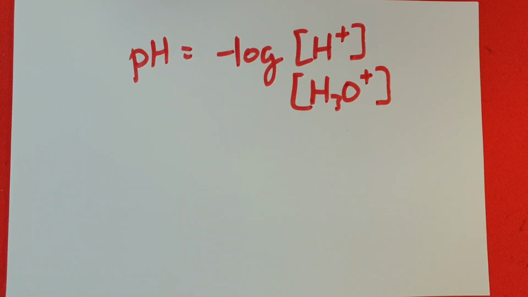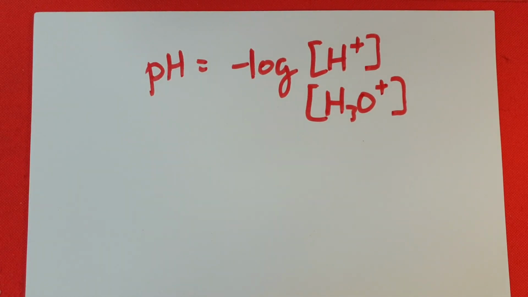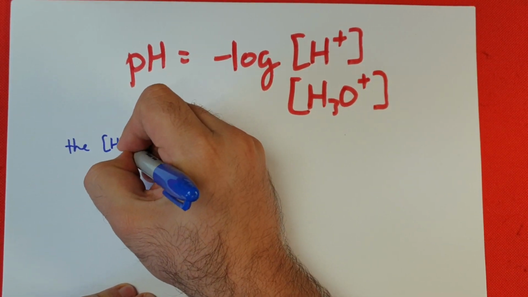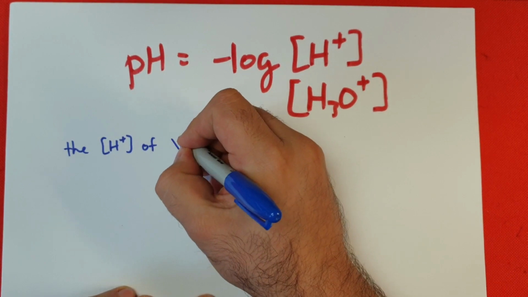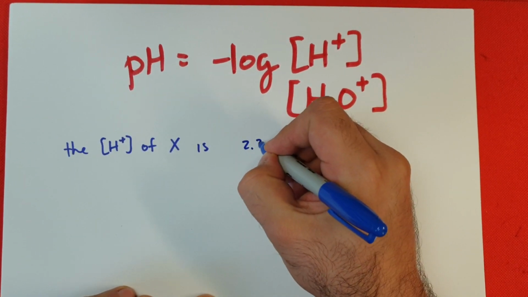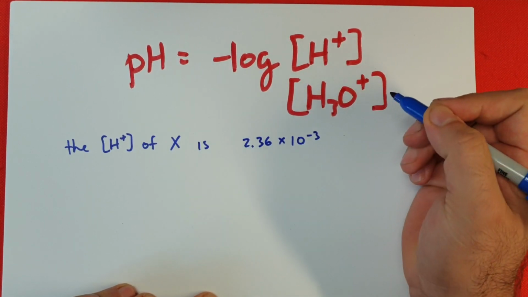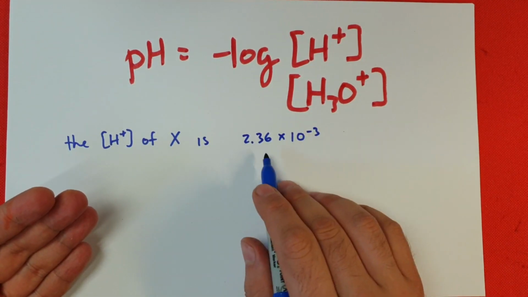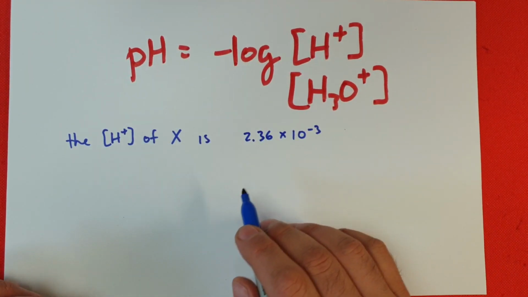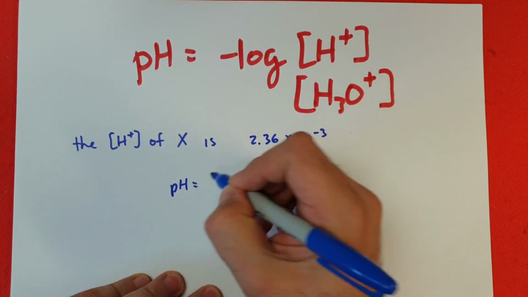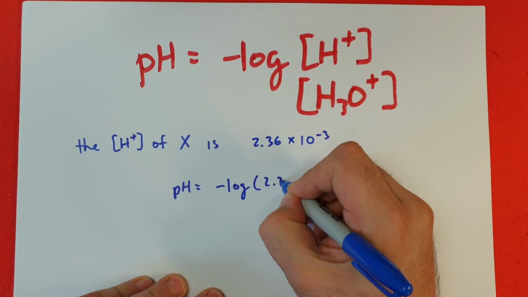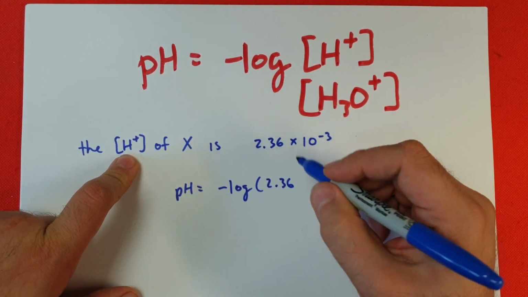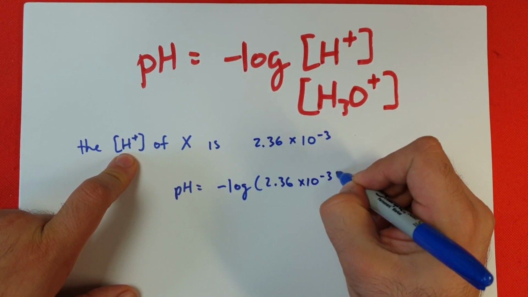But the most simple example is we usually get a scientific notation value, and it's telling us the hydrogen concentration of substance X is 2.36 times 10 to the -3. So we would just take this directly into the formula, and do pH equals negative logarithm of this value, because this is a very straightforward question. It's just telling us the hydrogen concentration in this water solution is 2.36 times 10 to the -3.